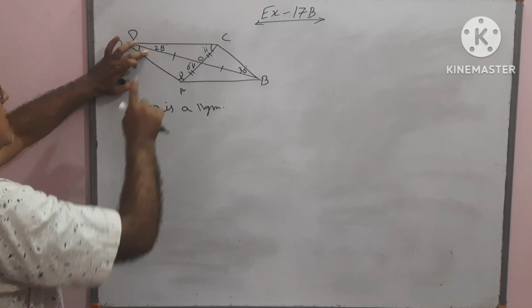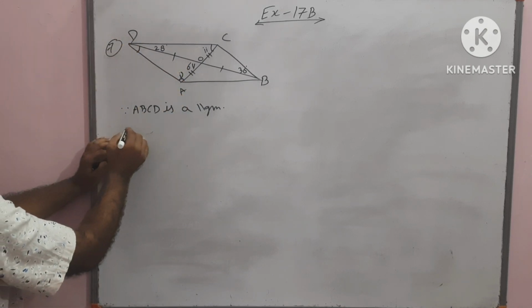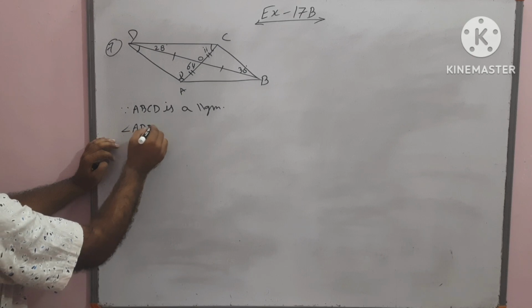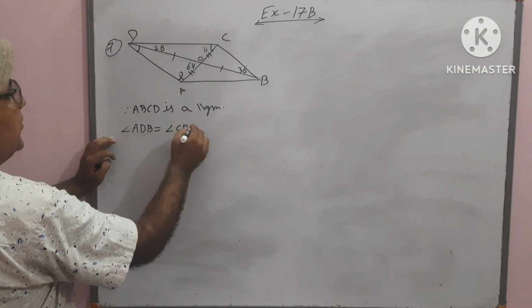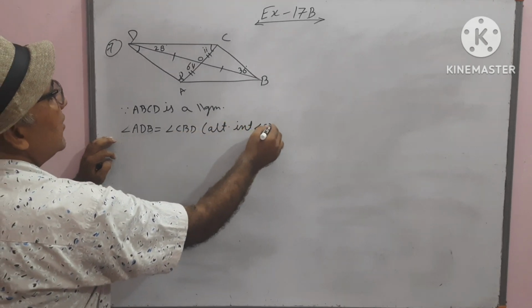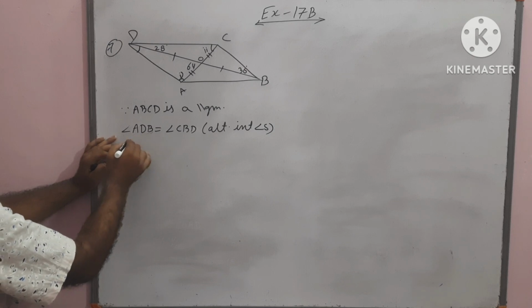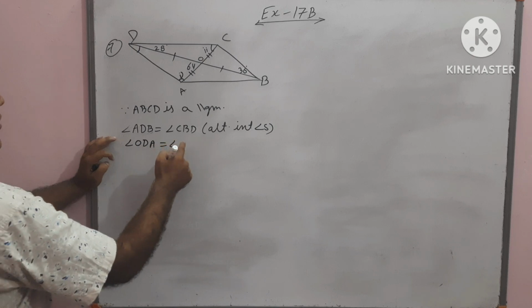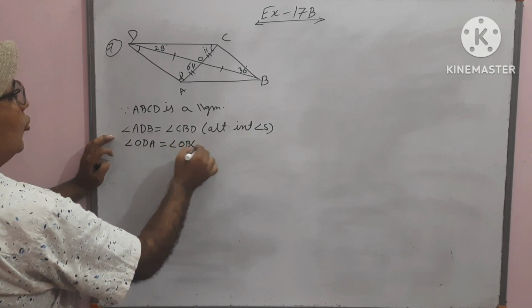And this is 36, this is 64, then we can find this angle. So how to do? Angle ADB is equal to angle CBD. Why? Because of alternate interior angles. Angle ADB can be written as angle ODA, and CBD can be written as OBC.